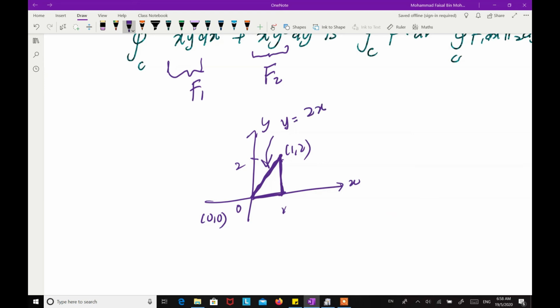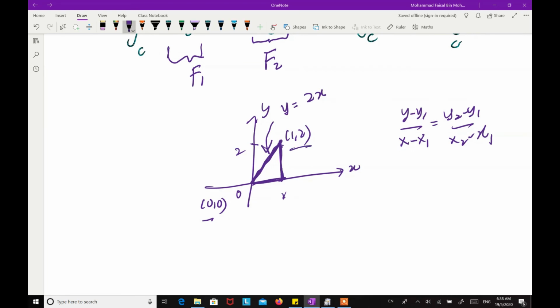How? You can use the formula (y minus y1) over (y2 minus y1) equals (x minus x1) over (x2 minus x1). You can choose any point, and set x1, y1 and x2, y2.